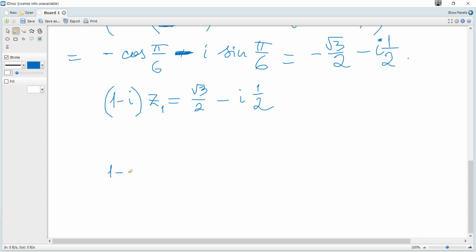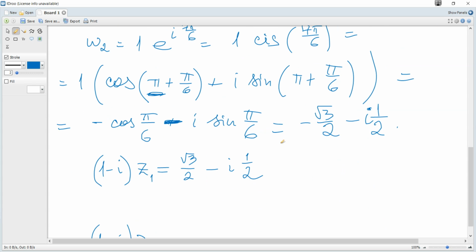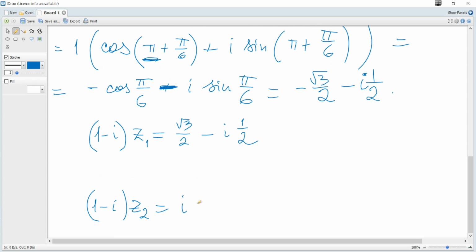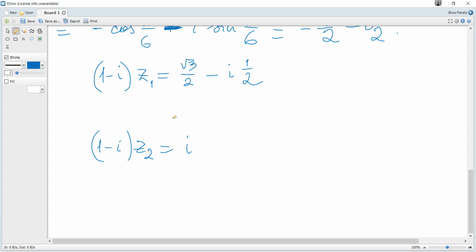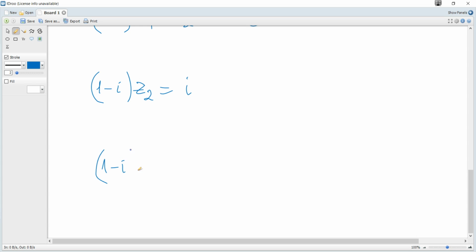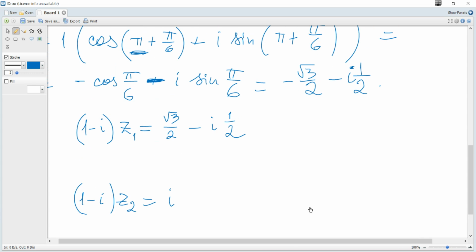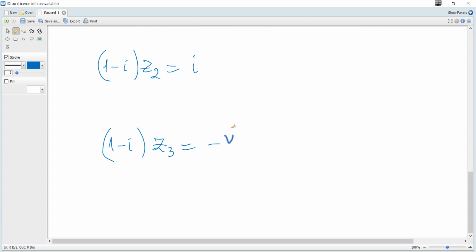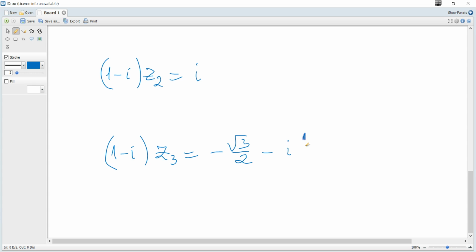The next possible solution, it's just i. And the third possible solution is negative root 3 over 2, and also minus i a half.